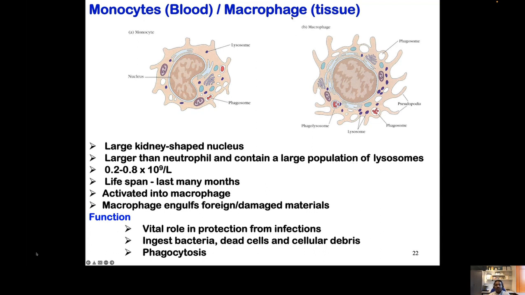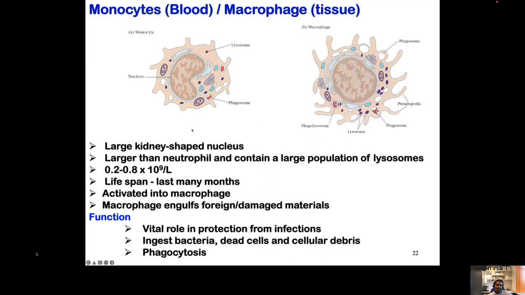For example, if you get an infection or an inflammation, for example atherosclerosis, the monocytes will go to the target site and transform themselves into a large phagocytic cell, and that's what is called a macrophage. Macro means big, and phage means phagocytic, which means it's going to engulf foreign materials or debris of damaged cells.